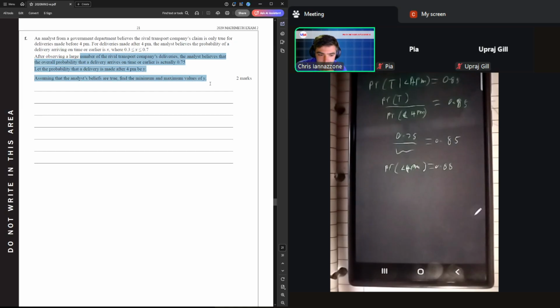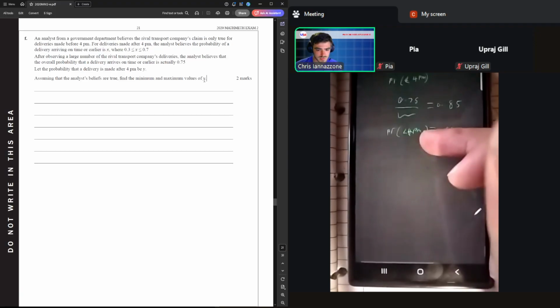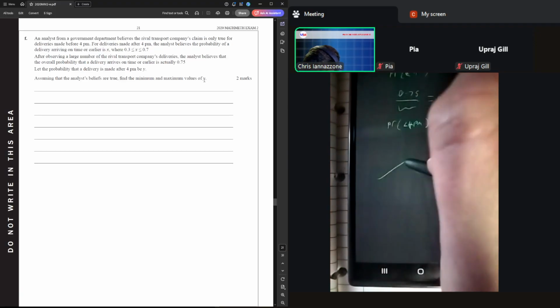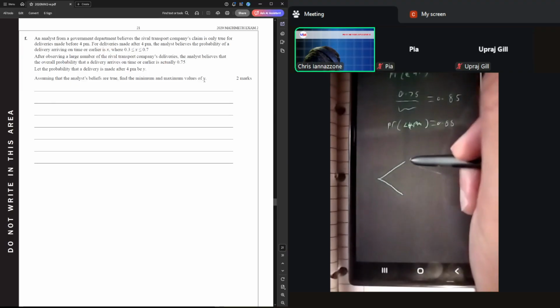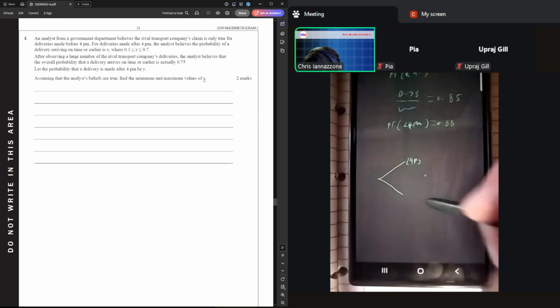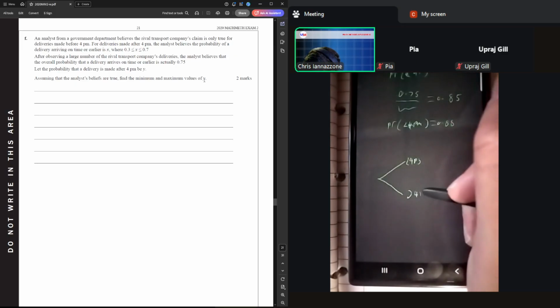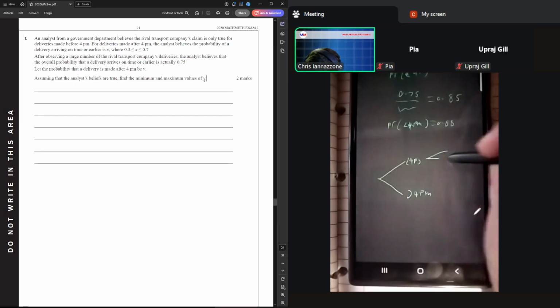Yeah, I don't know. I could keep stabbing at this, but I feel like I'm just going to waste everyone's time. These are the kinds of things I would have been doing. Maybe even get a tree diagram going. So you have whether it's before or after 4 p.m. Let's call that one before, let's call this one after 4 p.m. And then you've got on time or not on time.